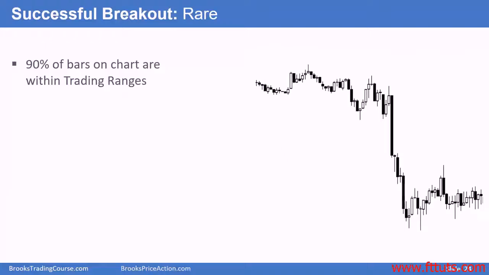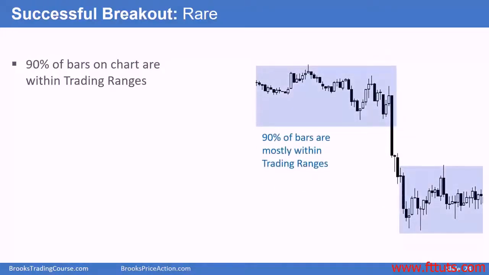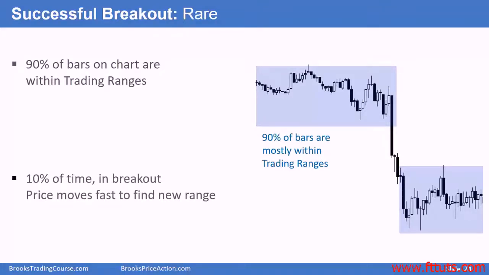On every chart, any time frame, 90% of the bars are within trading ranges, like here and here. Only 10% of the bars on any chart are in a breakout like this. During the breakout, traders believe the price is too high, and the market has to get down to some new level.